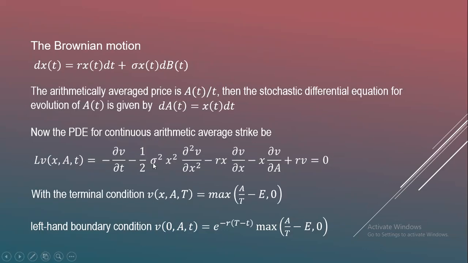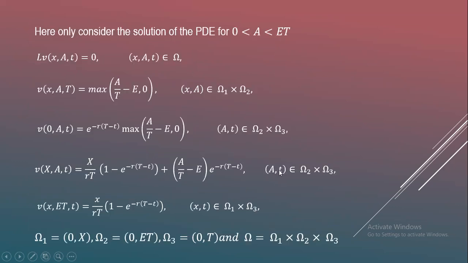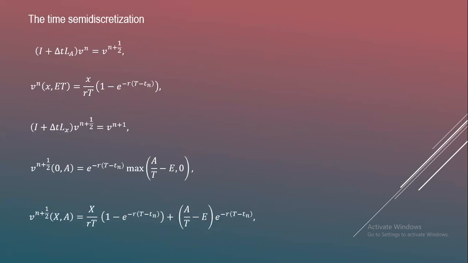Lx denotes half sigma squared x squared, the second order, and the Rx minus Rx, the first order, and the last part. And La is defined by x del over del A. So to reduce the space, we only use La and Lx.